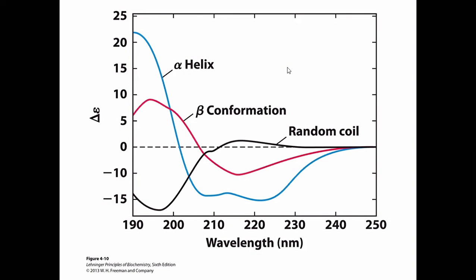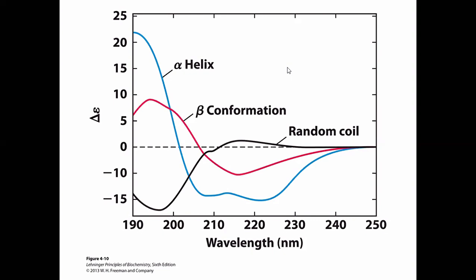By using CD, you can see the secondary structure of the protein, and it will give you a ratio: how many percent alpha, how many percent beta, how many percent random coil. It gives you very precise information.